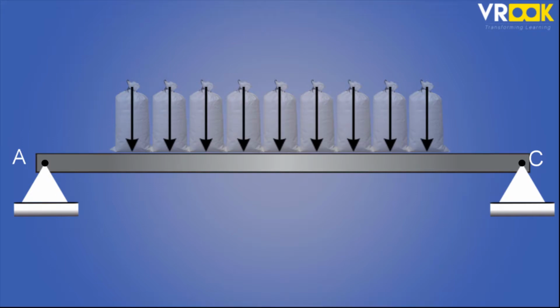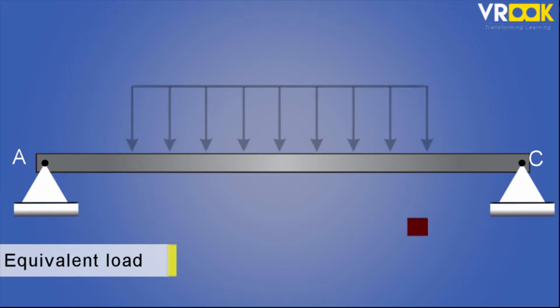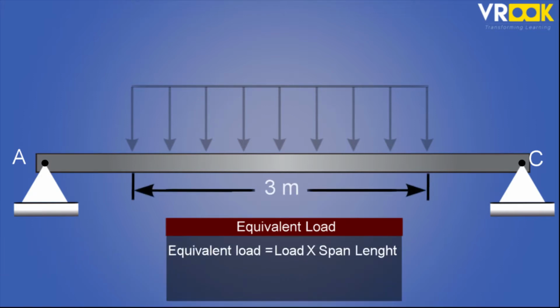This is UDL. All these forces can be replaced by a single equivalent load which is given by a simple formula. Equivalent load is the load acting on the beam multiplied by the span length for which the load is acting. In our example, 2 kilonewton per meter is acting on the beam for a span of 3 meters.